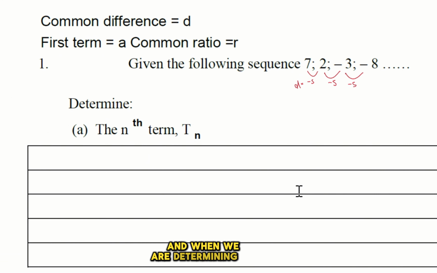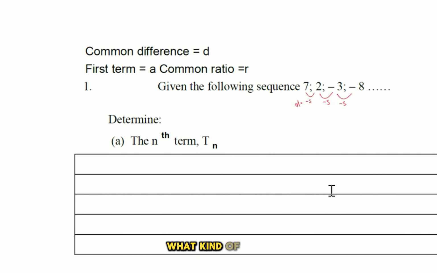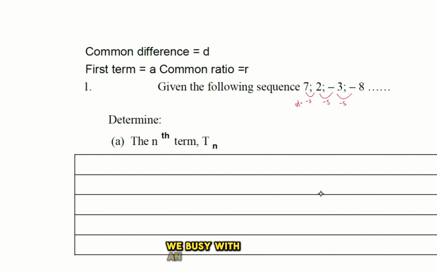When we are determining the nth term, what kind of sequence are we busy with? We're busy with an arithmetic progression, which is characterized by a constant first difference. So our formula for this one is Tn = a + (n - 1)d.